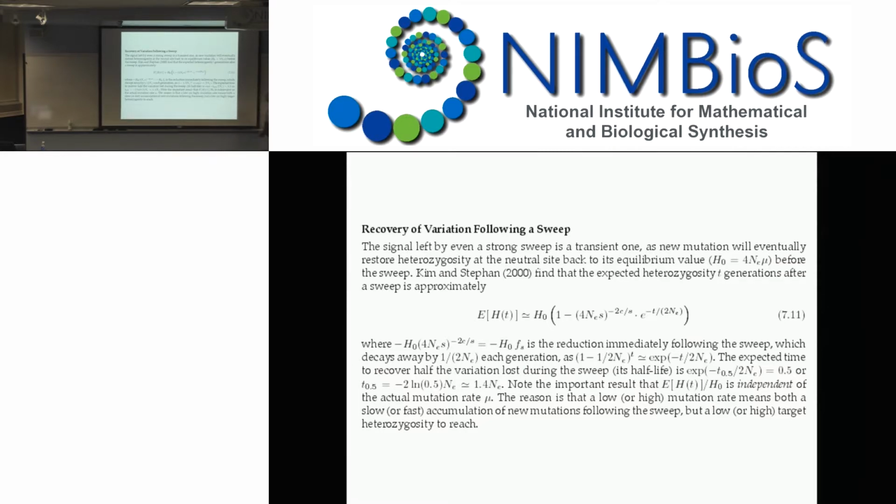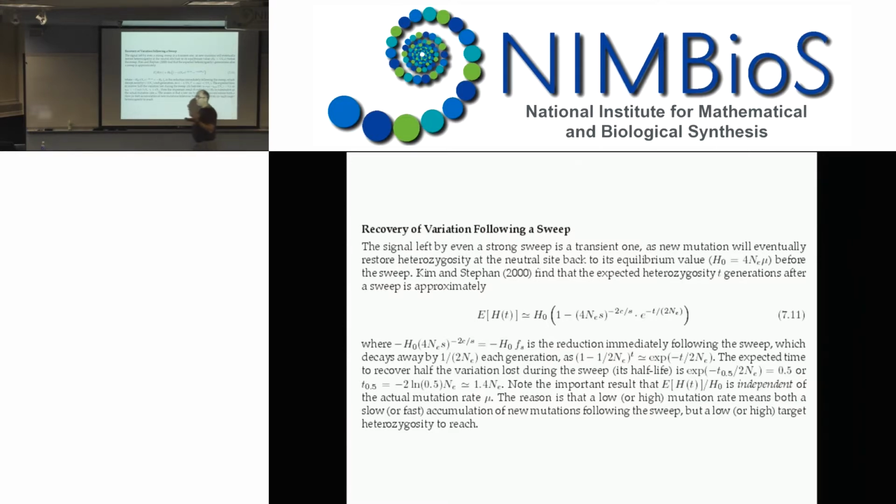So for example, on average, after about 1.4 Ne generations, you recover about half the variation. And the reason for this is that the equilibrium level of variation is set by the mutation rate. So if you have a tiny amount to begin with, you don't lose that much, but you don't have to recover that much either. So mutation rate actually doesn't appear in rates of recovery following a sweep.